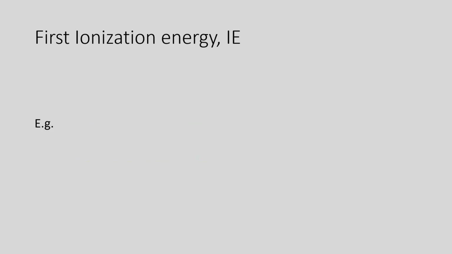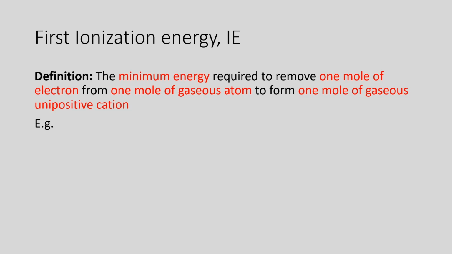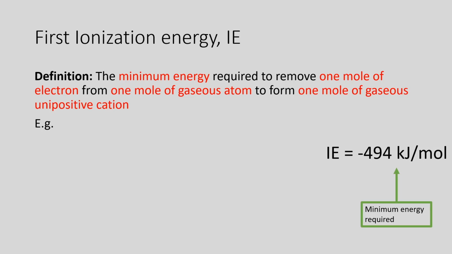Okay. So hari tu kita dah sentuh pasal ionization energy. Is the minimum energy required to remove 1 mole of electron from 1 mole of gaseous atom to form 1 mole of gaseous unipositive cation. Apa tu? Aduh, pening kan? So basically, electrons dia duduk keliling nukleus kan?